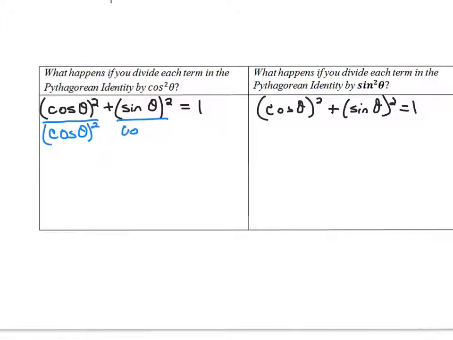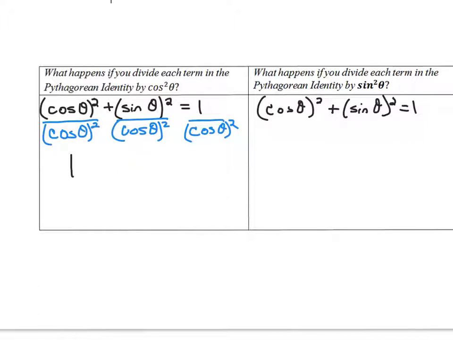So I'm dividing the first term by cosine of theta squared, the second term by cosine of theta squared, and the third term. So theoretically, if I do the same thing to all 3 terms in an equation, I should preserve equality. Now in the case of the first term, when I divide cosine squared theta divided by cosine squared theta, that's just giving me an answer of 1.